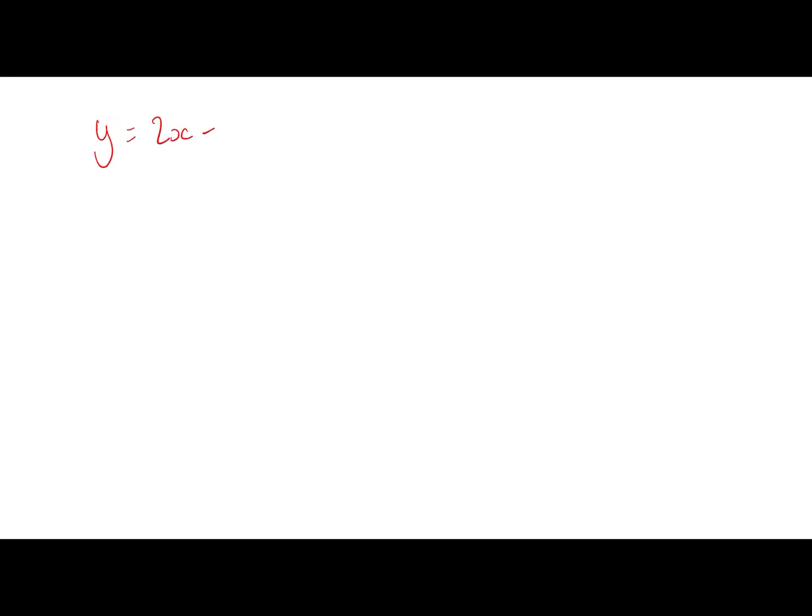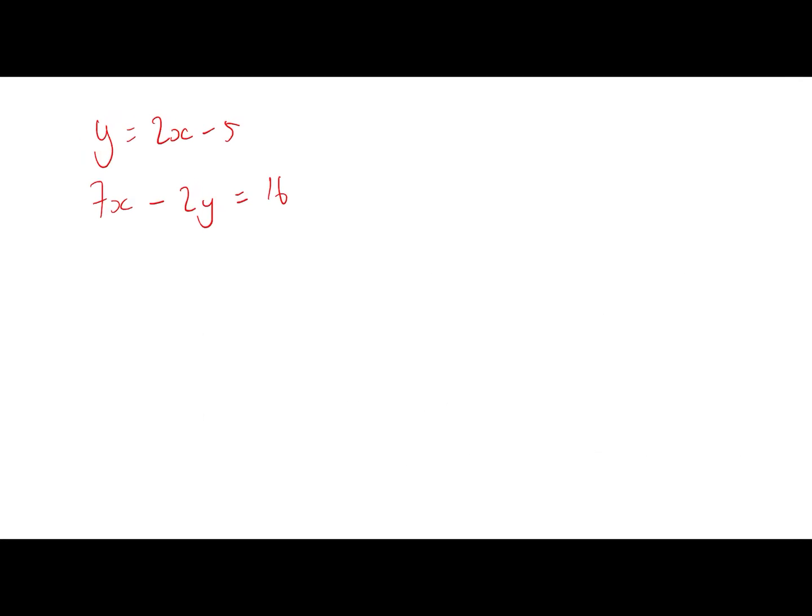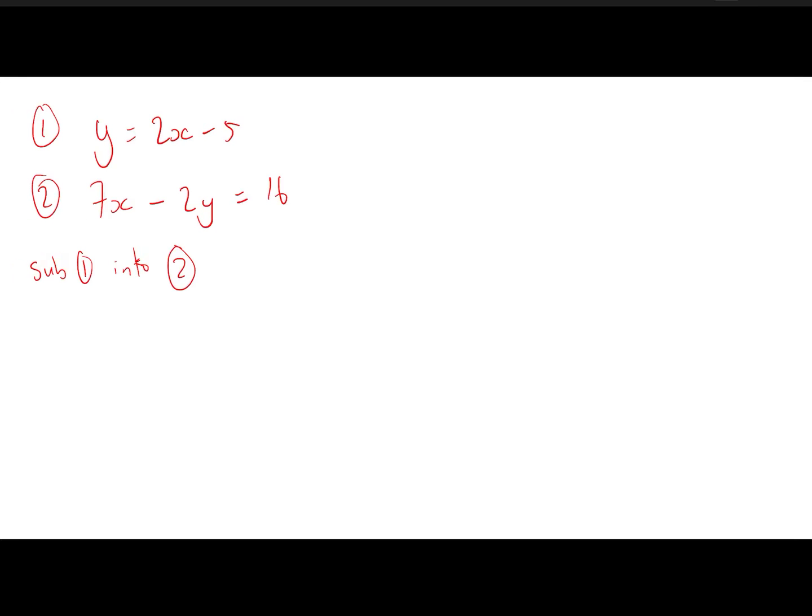Let's go for the last one. y equals 2x minus 5 and 7x minus 2y equals 16. Again, this is perfect for substitution because the first equation has y as the subject. So again, I'm going to sub 1 into 2.